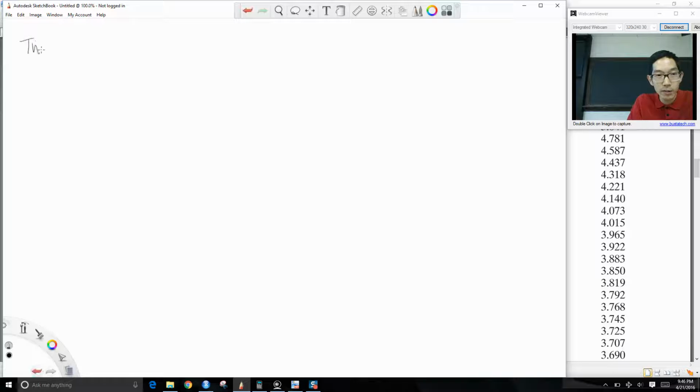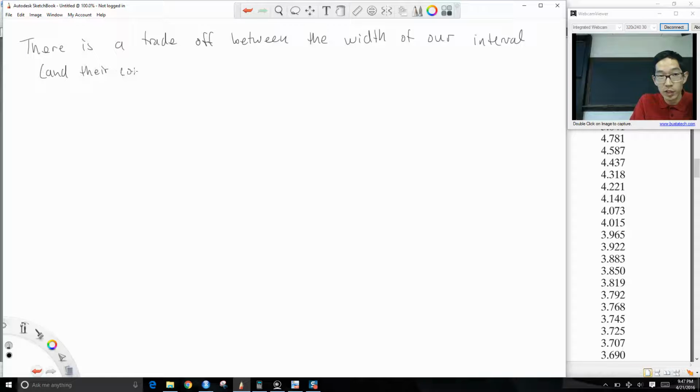Okay, so there's a trade-off between the width of our interval and their corresponding interpretations, and our level of confidence.